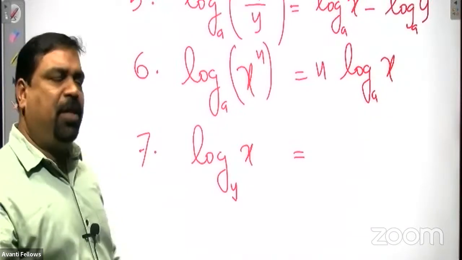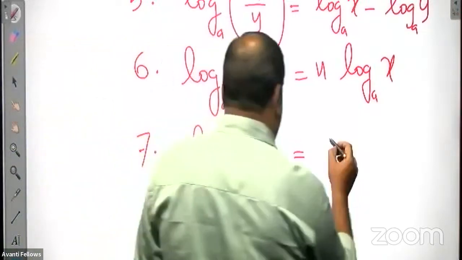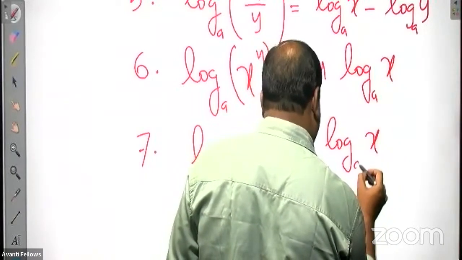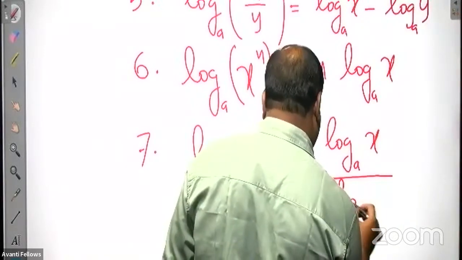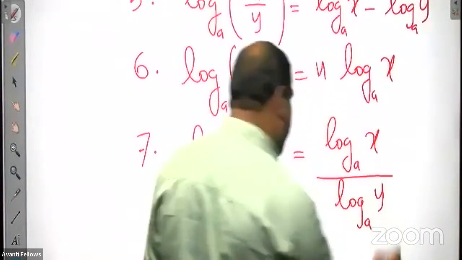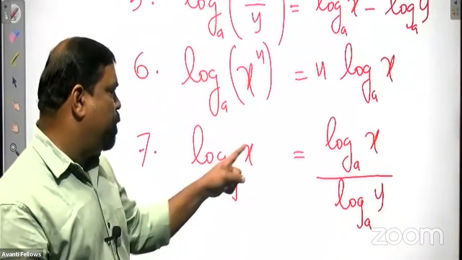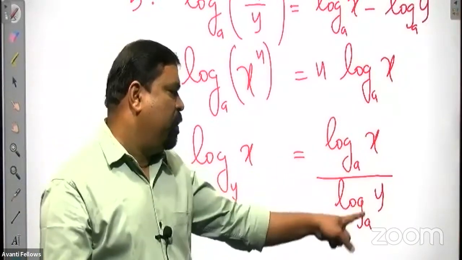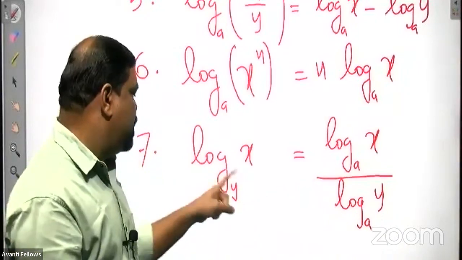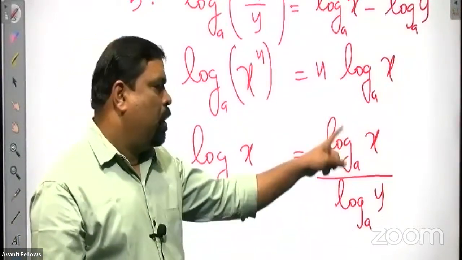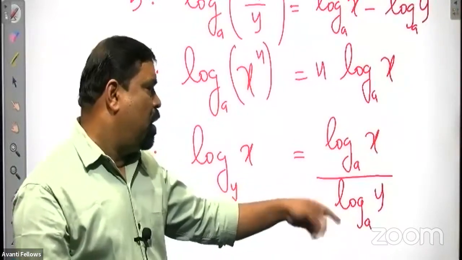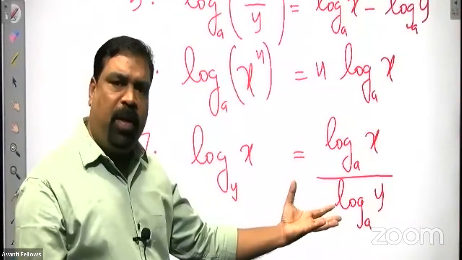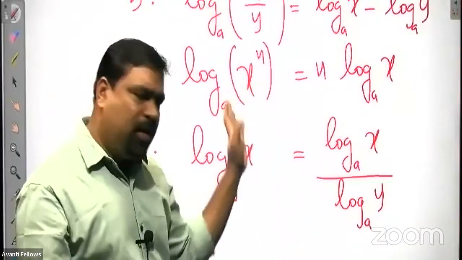I can express this in terms of some other base: log x to the base y is equal to log x to the base a divided by log y to the base a. Here I have changed both into base a form. All these properties come from the basic exponential properties, and just like the previous proof, you can do all the proofs.